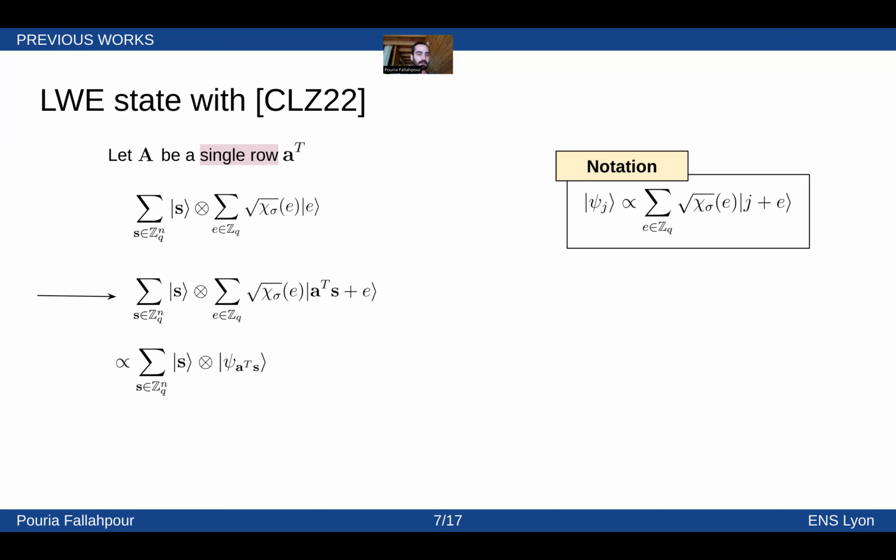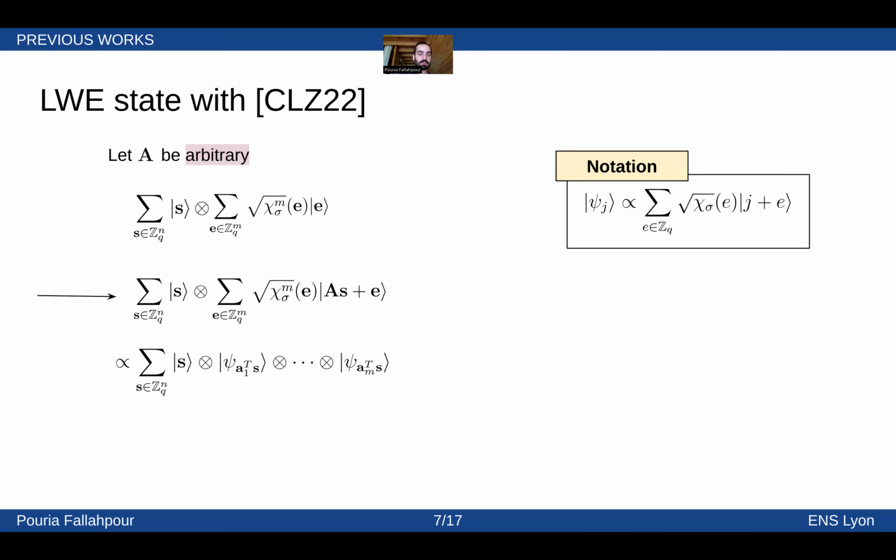And if you believe me, if you do the math, for an arbitrary choice of A, this gives many of these quantum states that encode information about the secret S, but with different linear combinations.